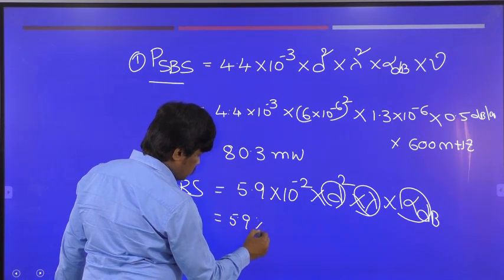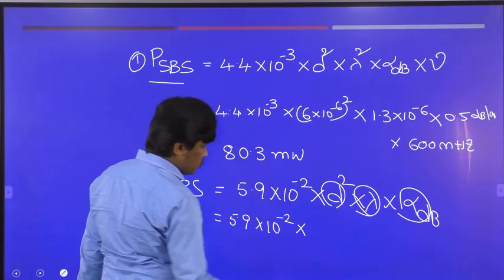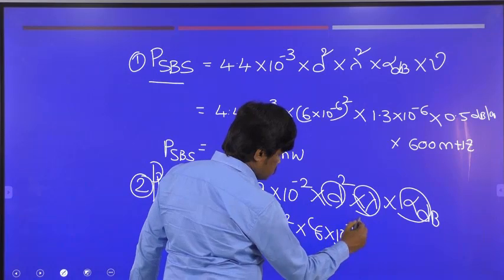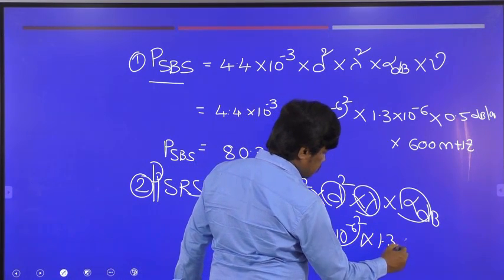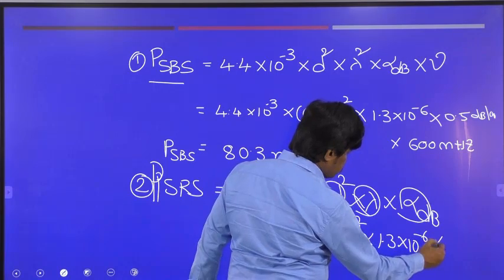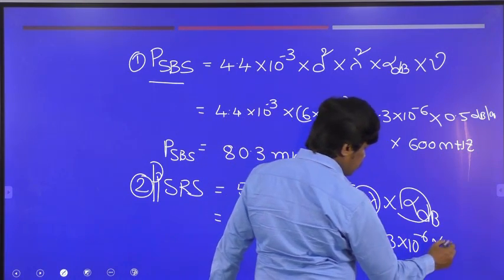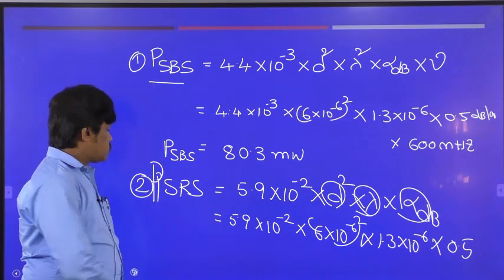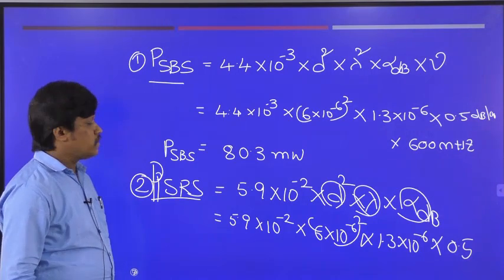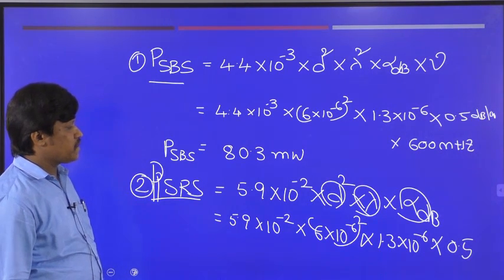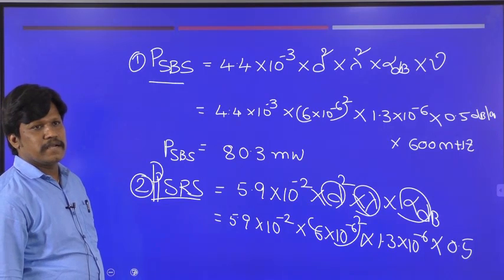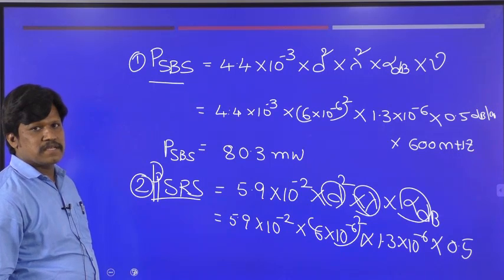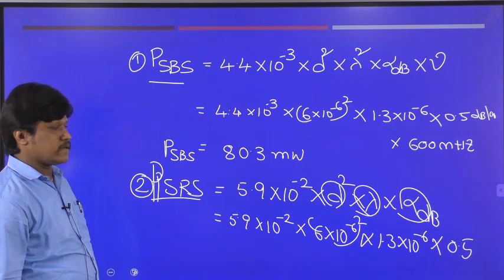P SRS is equal to 5.9 into 10 power minus 2 into d square, 6 micrometer square, into 1.3 into 10 power minus 6, the operating wavelength, and alpha dB is 0.5, the attenuation per kilometer.